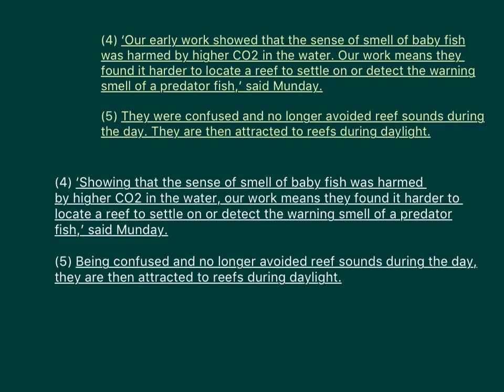Showing that the sense of smell of baby fish was harmed by higher CO2 in the water, our work means they found it harder to locate a reef to settle on or detect the warning smell of a predator fish, Monday said. Number 5. Being confused and no longer avoided reef sounds during the day, they are then attracted to reefs during daylight.